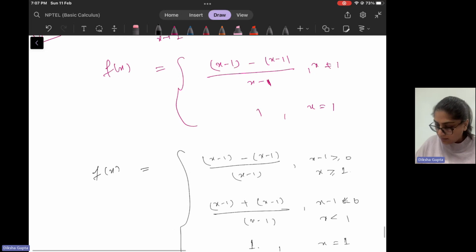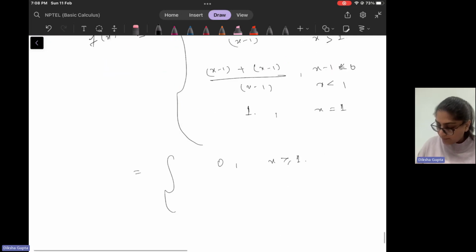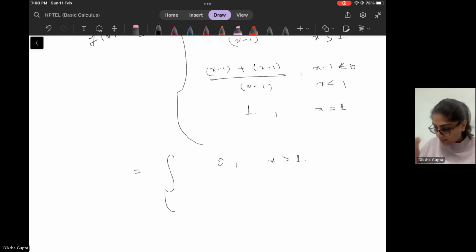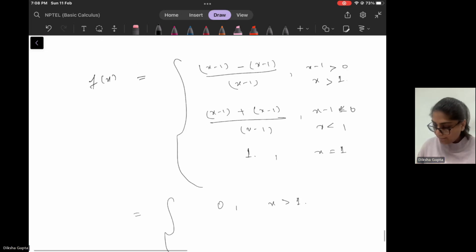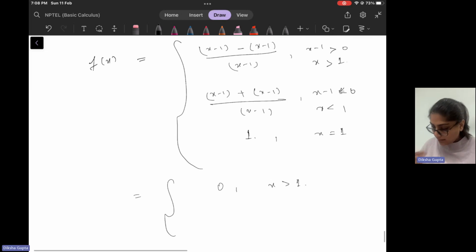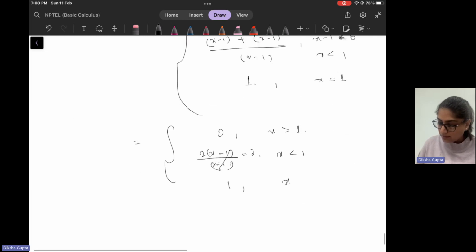Sorry, x is defined separately for 1, so we'll not include the equal to here, just greater than 1. And when x is less than 1, this comes out to be (2x minus 2) upon (x minus 1), so this will be 2 when x is less than 1, and 1 when x is equal to 1.